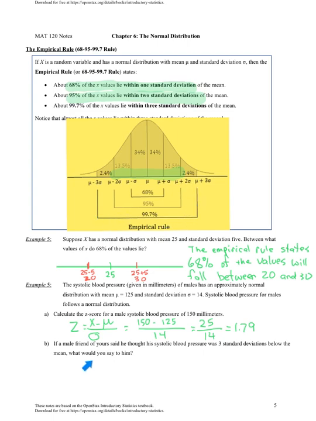So first of all, it's very unlikely, but that friend should most likely see their doctor because that blood pressure is extremely low. And what would his blood pressure be if it was 3 standard deviations below the mean? Let's go ahead and find that x value. And there we go. That is the end of the third video of section 6.1.